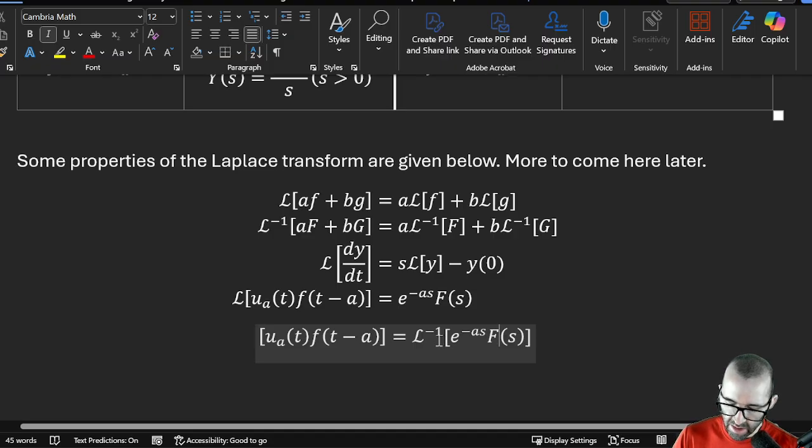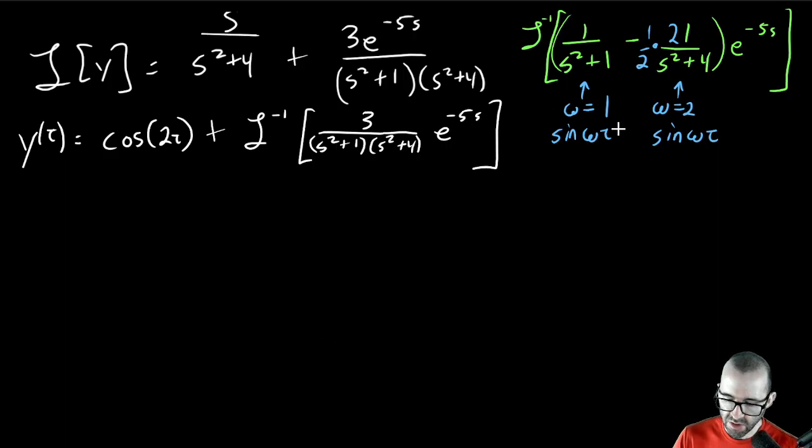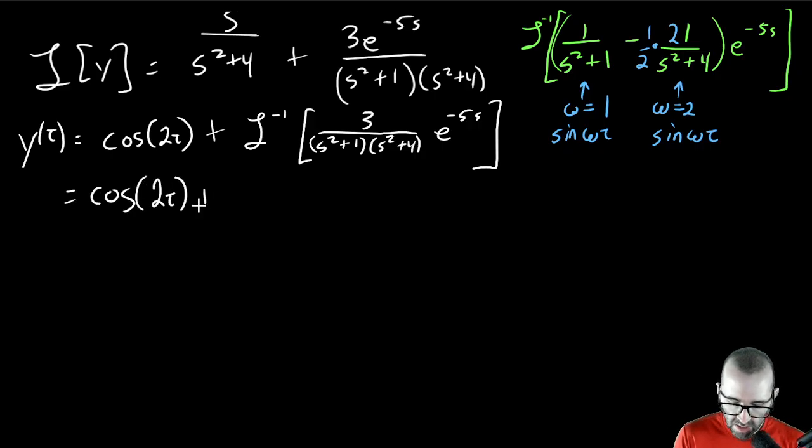Okay. It'll just be the Heaviside function at 5, and then the original function shifted over 5. So we'll get cosine of 2t plus the Heaviside function at 5 of t times sine of omega t, but shifted over.